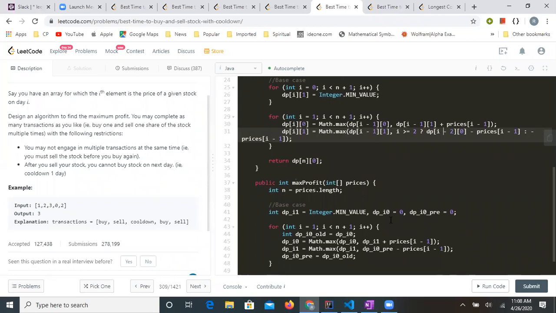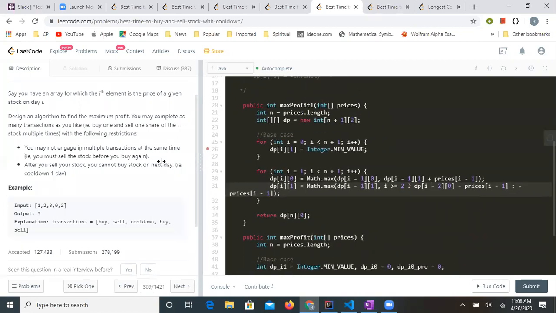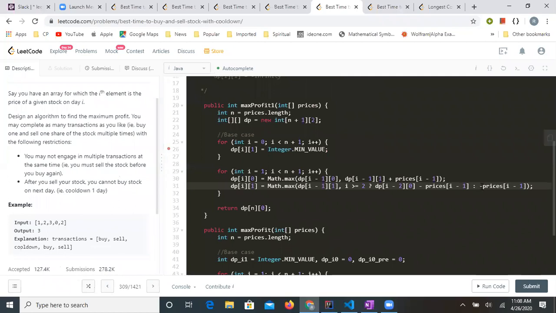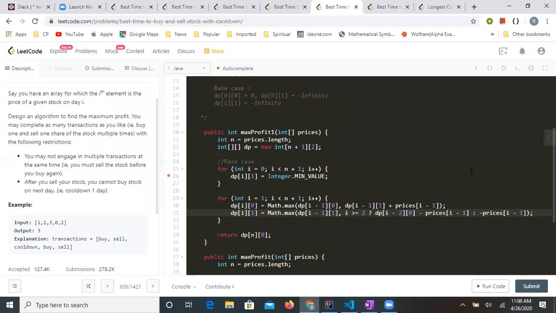Is this minus price I or I minus 1? Okay, let's look at it. This is minus price I minus 1. What does that mean? Okay, makes sense. What I'm saying is that in the beginning, if you want to hold a stock before I minus 2, then it's fine, you can buy something.